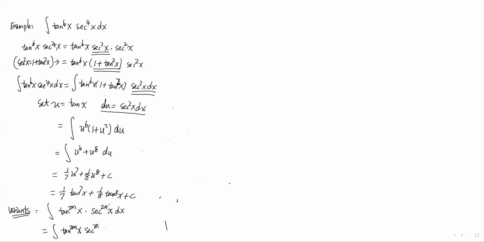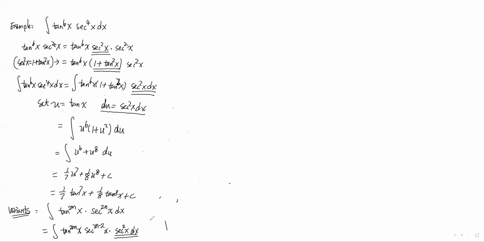Of course, this number n should be positive, n is greater than 1. Otherwise, if n is 0, that's totally different, right? Okay. So secant power 2n minus 2 x, and you separate out secant x squared dx.